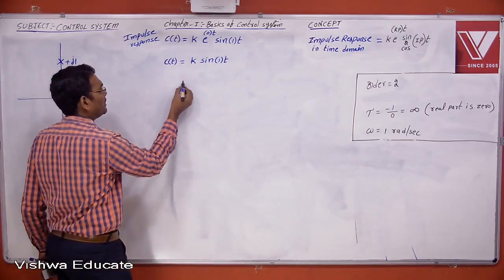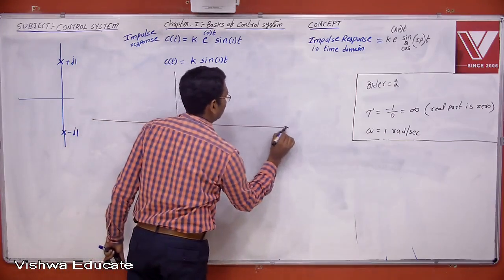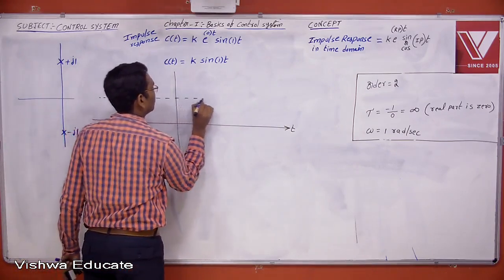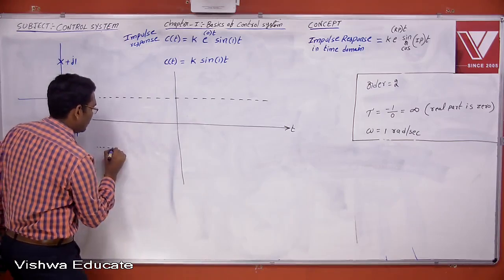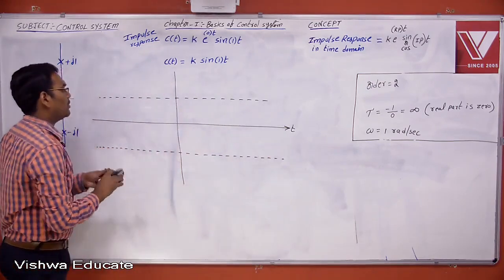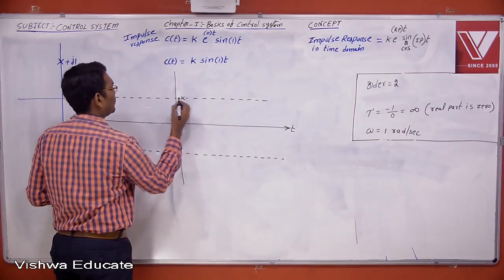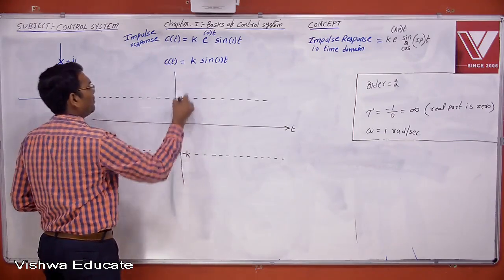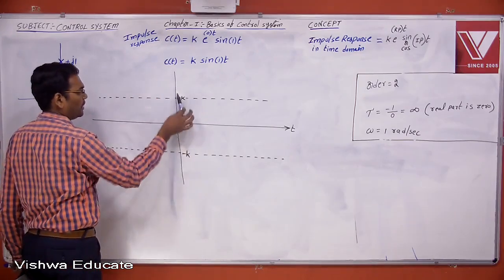Now k is the peak amplitude of the signal, then you just draw the response. The impulse response in time domain: k is the peak amplitude, the minimum amplitude is minus k, and the peak to peak amplitude is 2k.